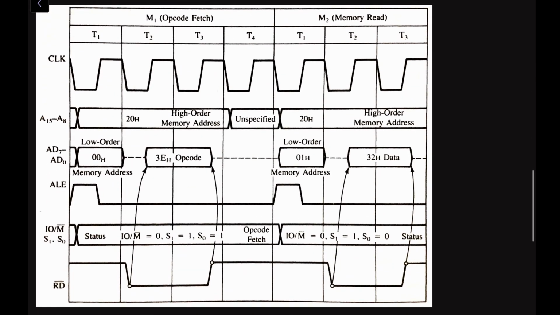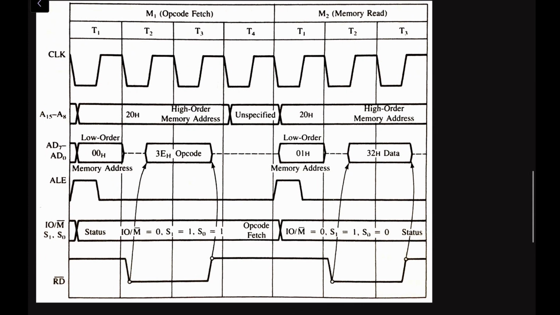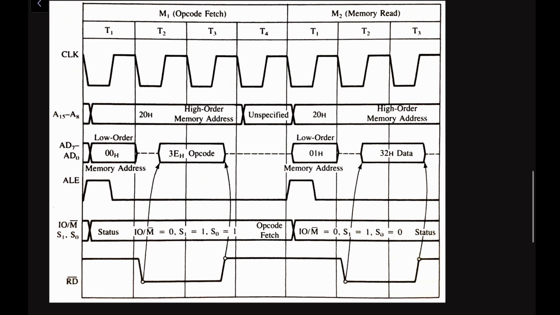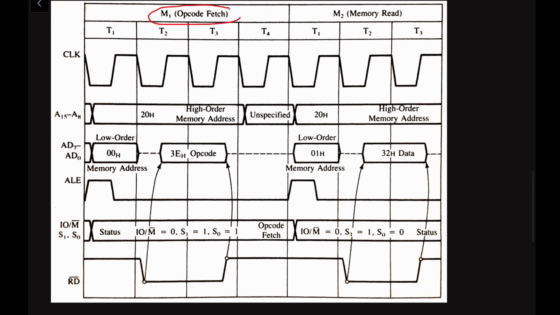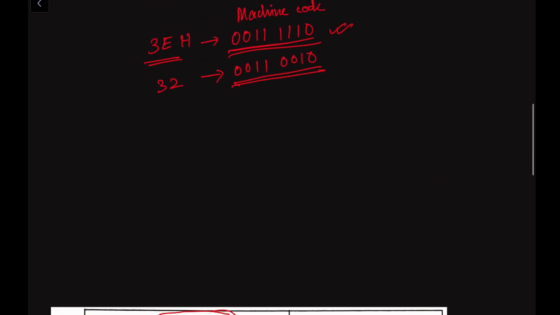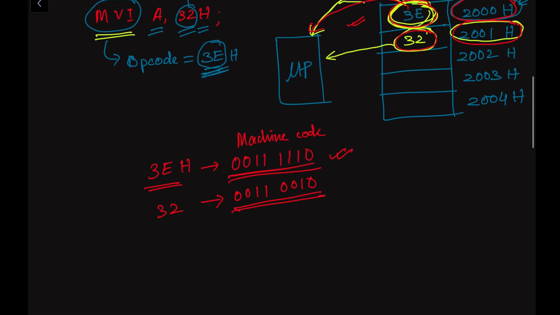In the timing diagram, I have taken this figure from the microprocessor book by Ramesh Gaonkar. During the first machine cycle, we have the opcode fetch operation. As I have already explained, it has 4 clock cycles. In the first 3 clock cycles, the microprocessor will read the opcode 3E.